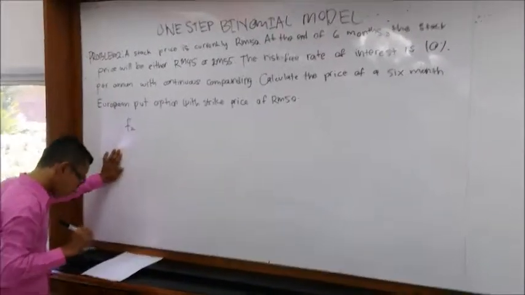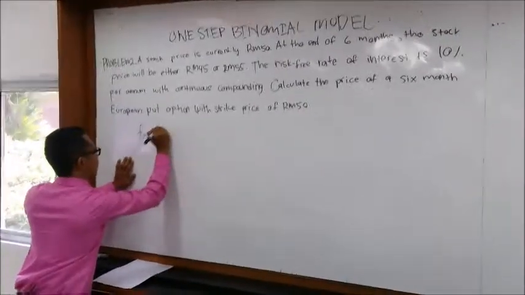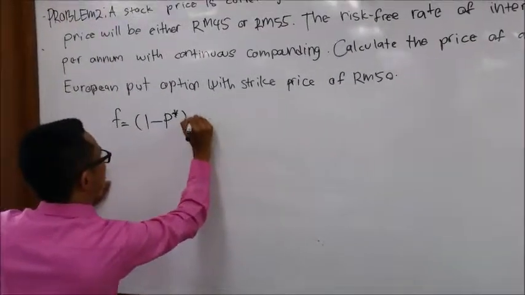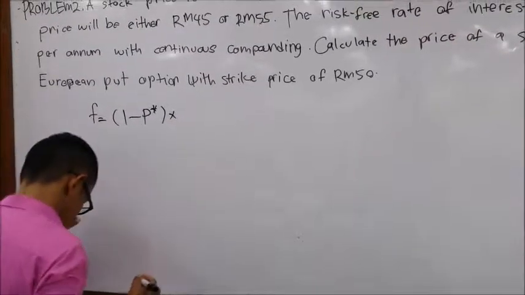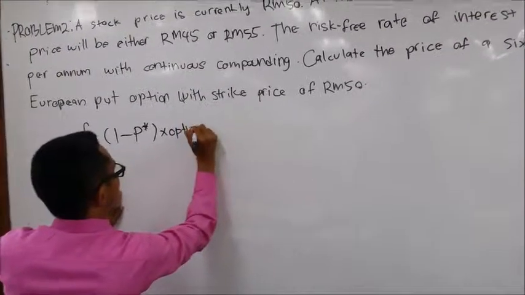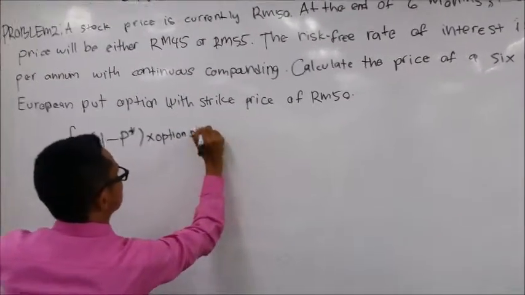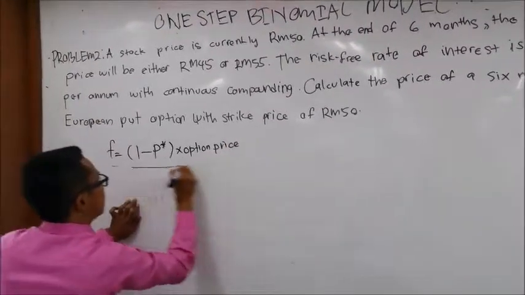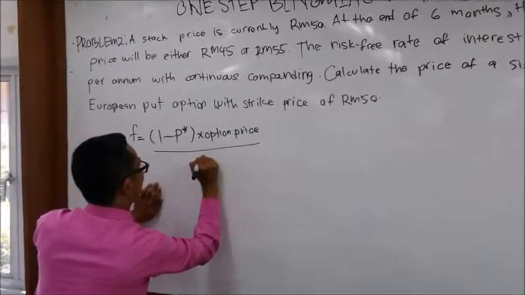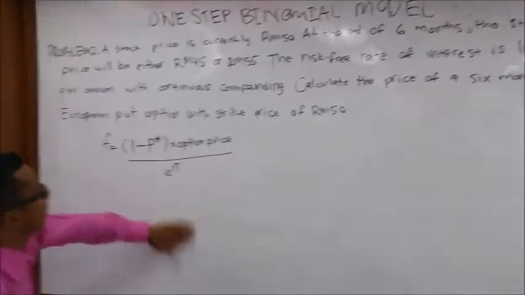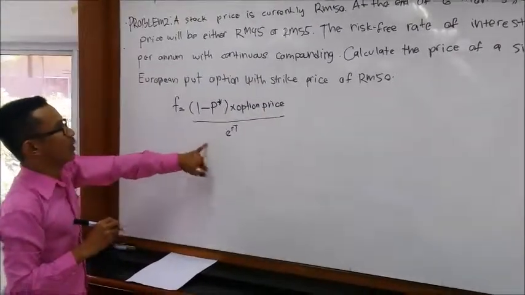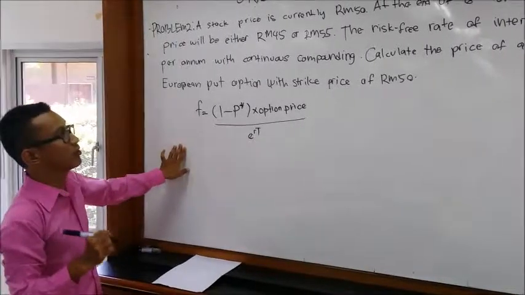The formula for f is (1 minus p star) times the option price, and the whole thing divided by e to the power of rT. Before that, let us see how much information is given.